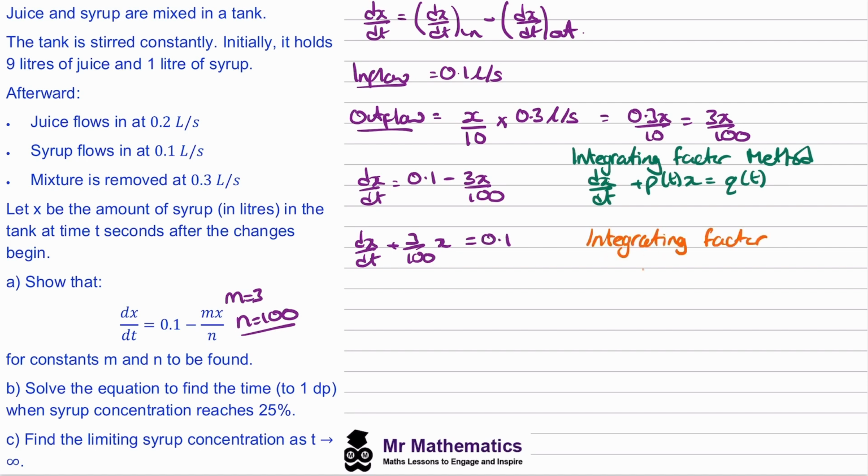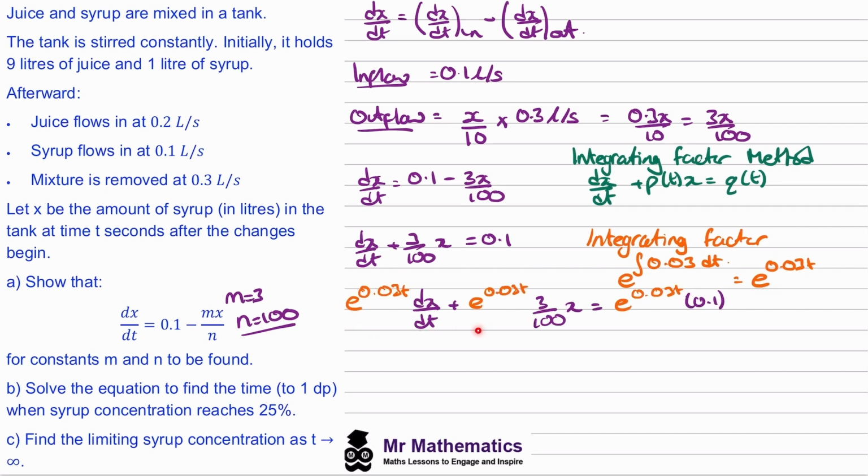So the integrating factor will be e to the integral of the p term, which is 3 over 100, integrated with respect to t. So this will give us e to the 0.03t. And then we need to multiply every term in this differential equation by this integrating factor.